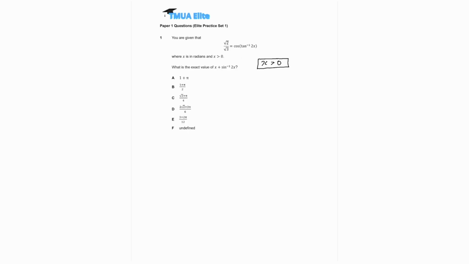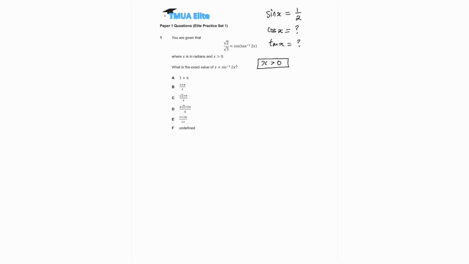When you see something like this with arctan of 2x, what do you think of? You might think of something that we've done in AS Maths. For example, sine x is equal to a half, and then you're asked, like, what is cos x? Or what is tan x?